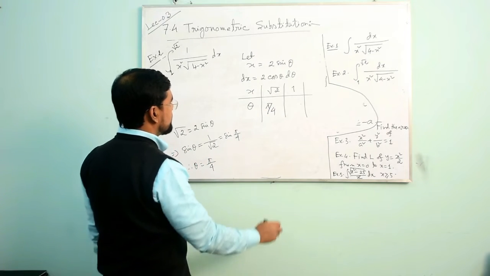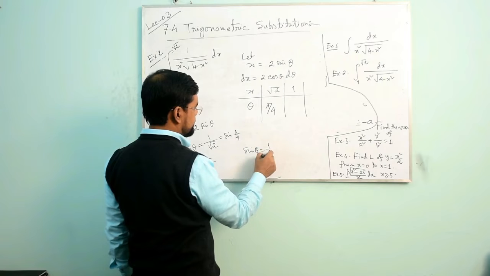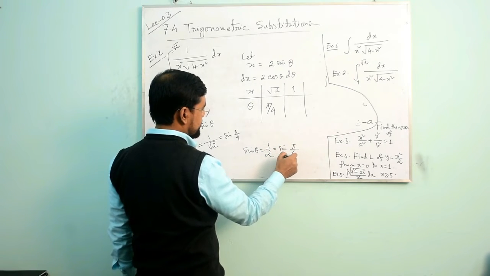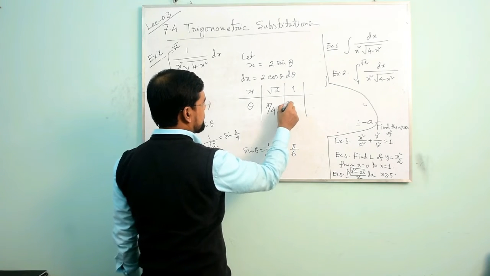And when x equals 1, sin theta equals half, which equals sin pi by 6, so theta equals pi by 6.